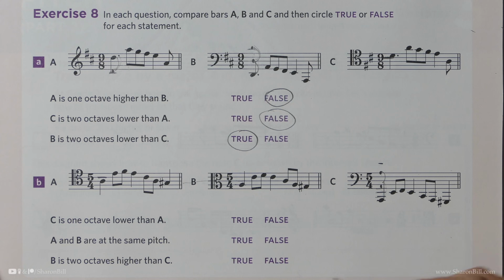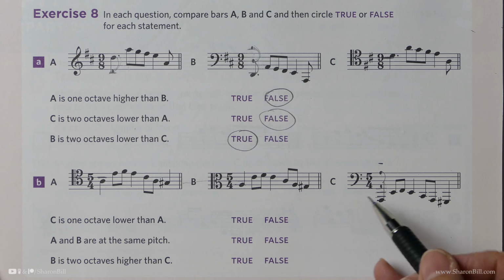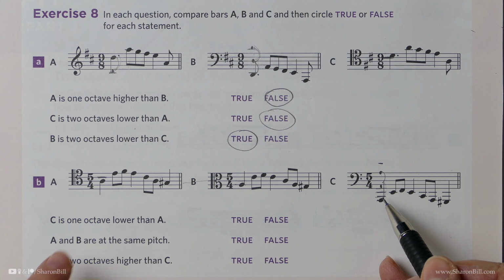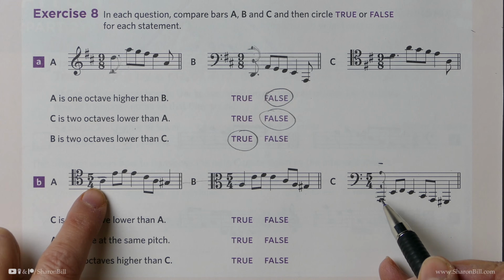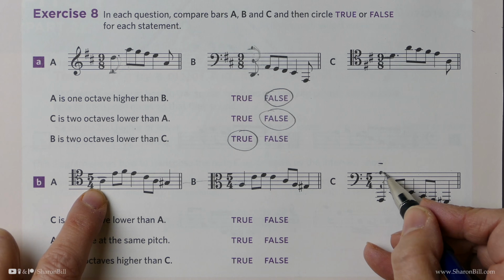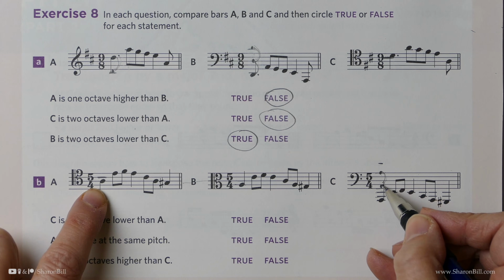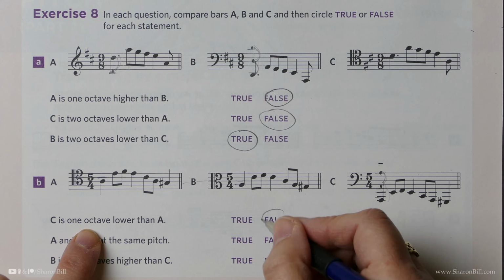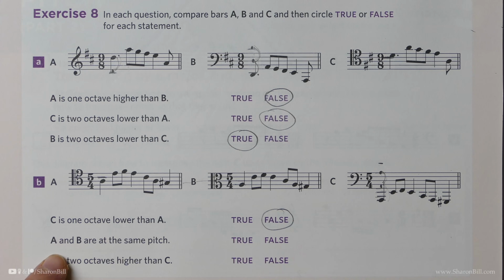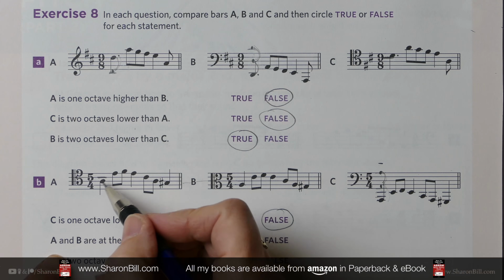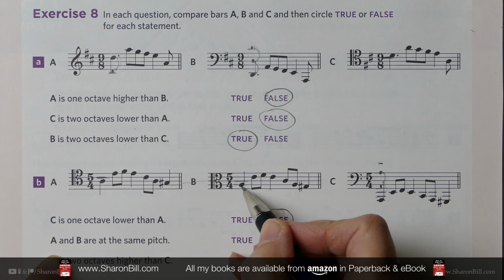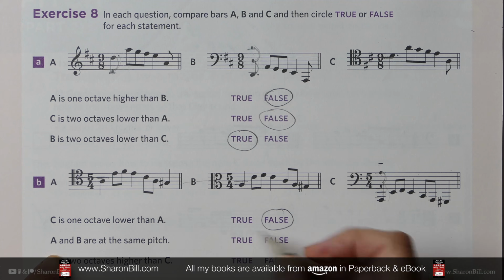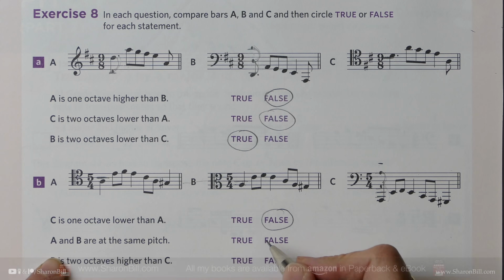So is it true or false that C is one octave lower than A? Well, we've just discovered that there's the A, that's one octave, that's two octaves, so it's not one, so that's false. Is it true that A and B are the same pitch? Yes, it is, because there's middle C, B, A, middle C, B, A, and everything else follows on, so that's true.